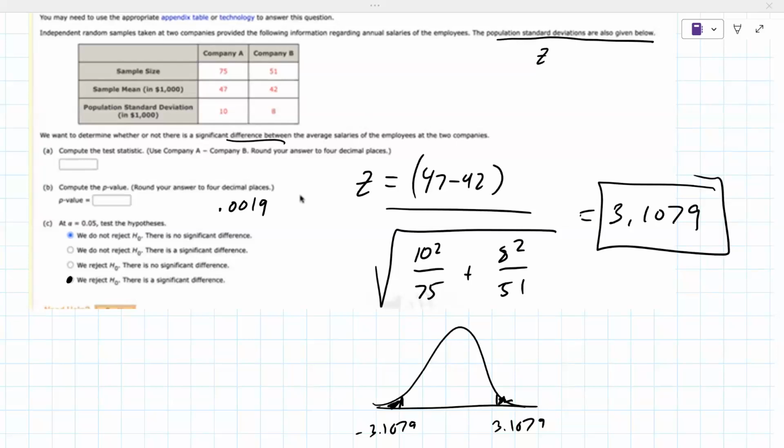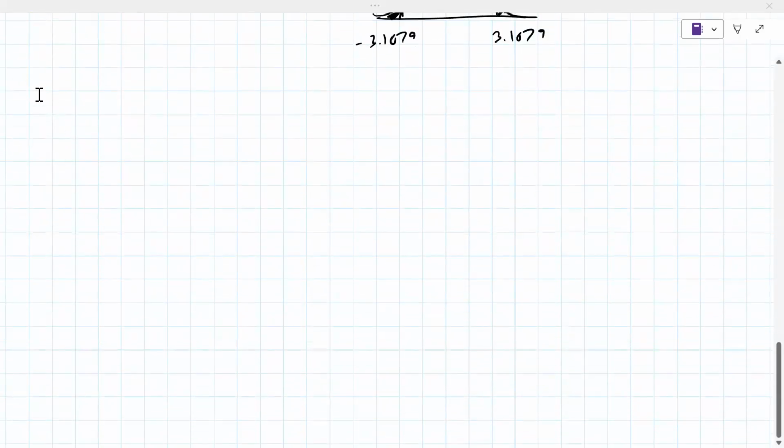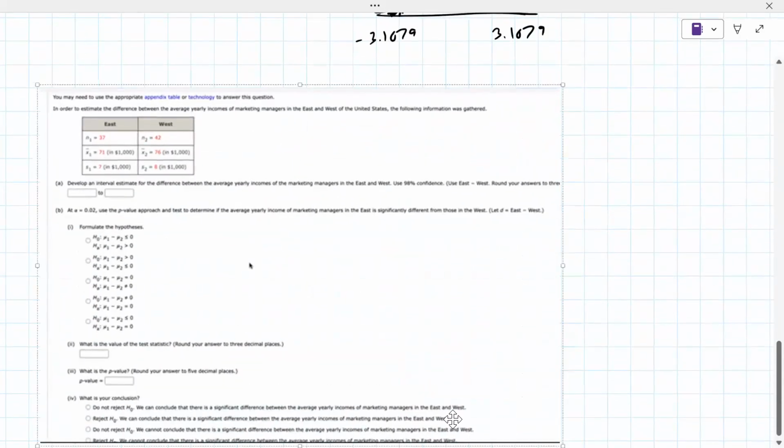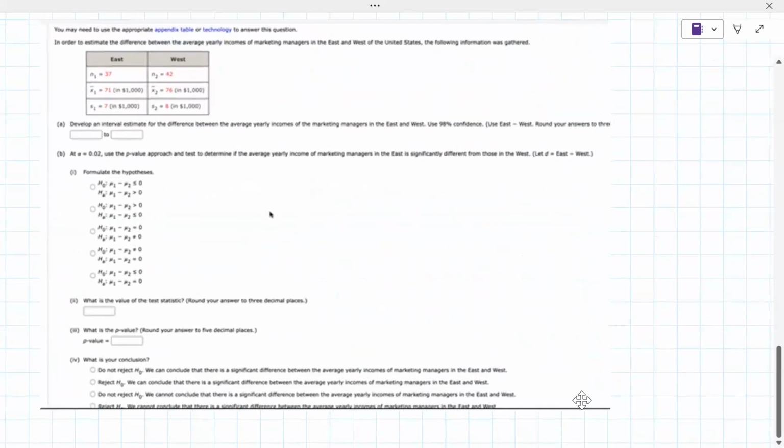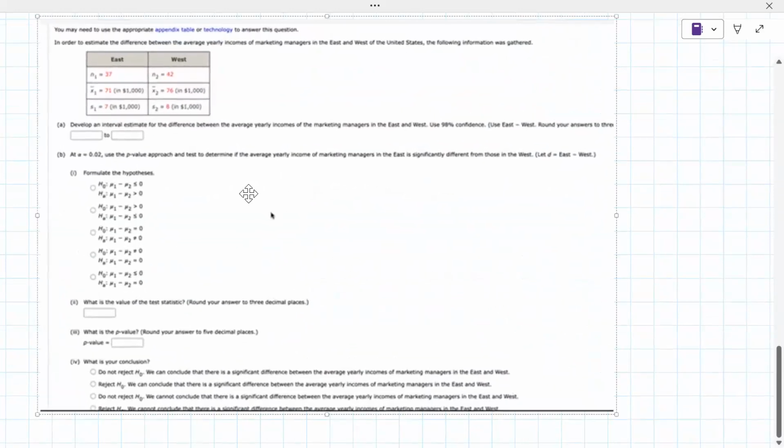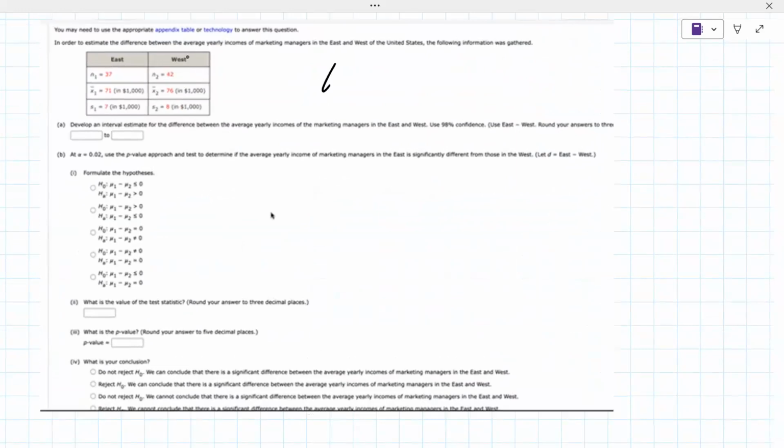Now the issue with the next one, the population's not known. So the confidence interval here, I don't know which formula they're using for this, because there's two different T formulas.